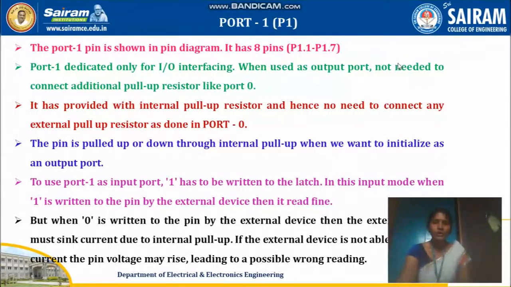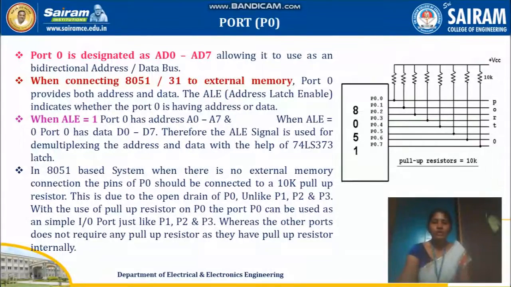Suppose if you wanted to use it as an I/O port, we need to give 0. Suppose if you wanted to use this particular port as an input port, you need to activate this port with logic 1. So it has been provided with the internal pull-up resistor. In your previous port 0, pull-up resistor is connected externally because this port 0 has not been connected with the internal pull-up resistor.